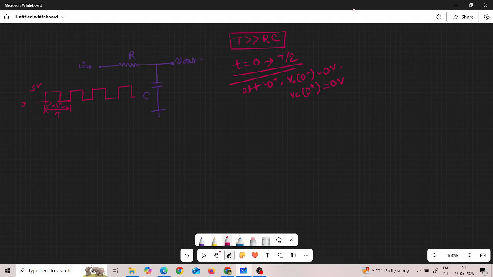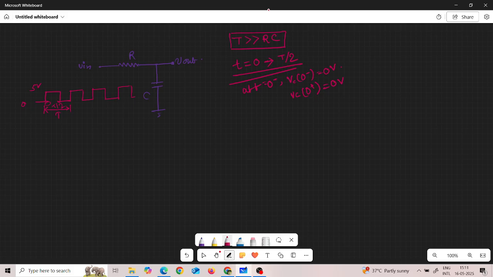Now, as T is very much greater than RC, the capacitor gets a proper amount of time to fully charge.